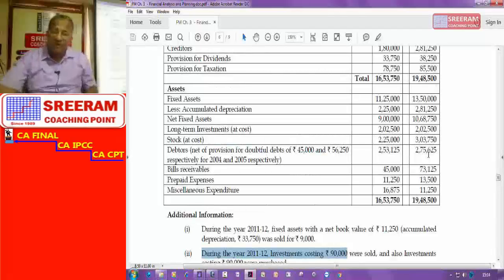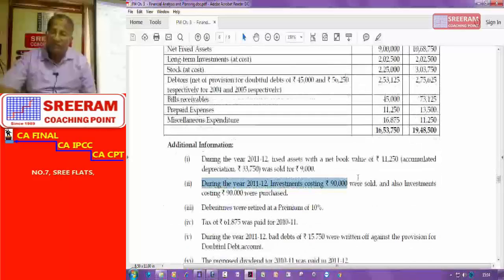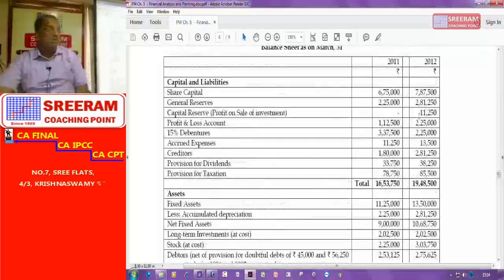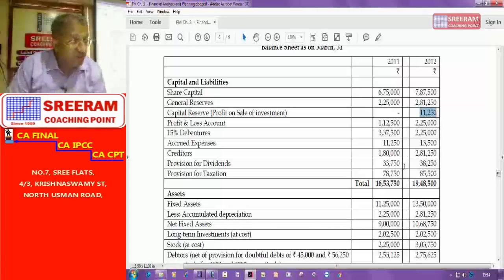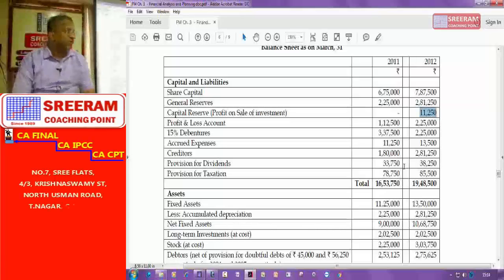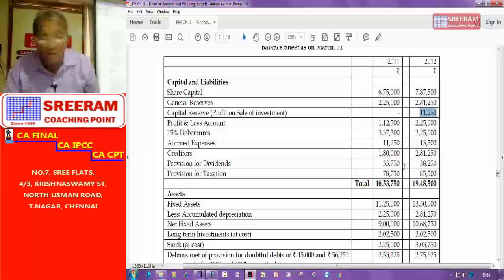So the investment cost was 90,000, resulting in a profit of 11,250, which would mean sale had taken place not at cost, but at a price greater than cost. So therefore, sale value is 1,01,250.